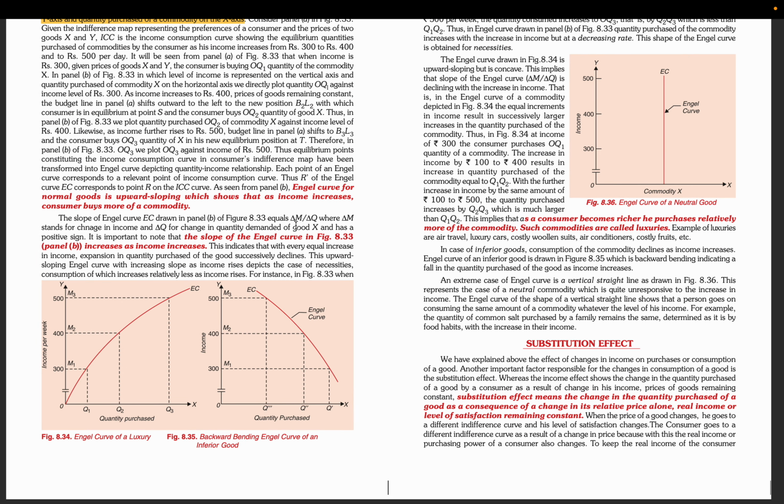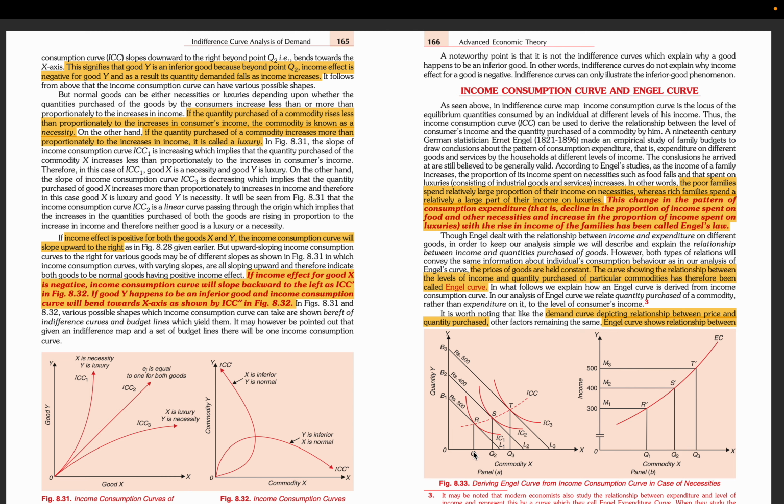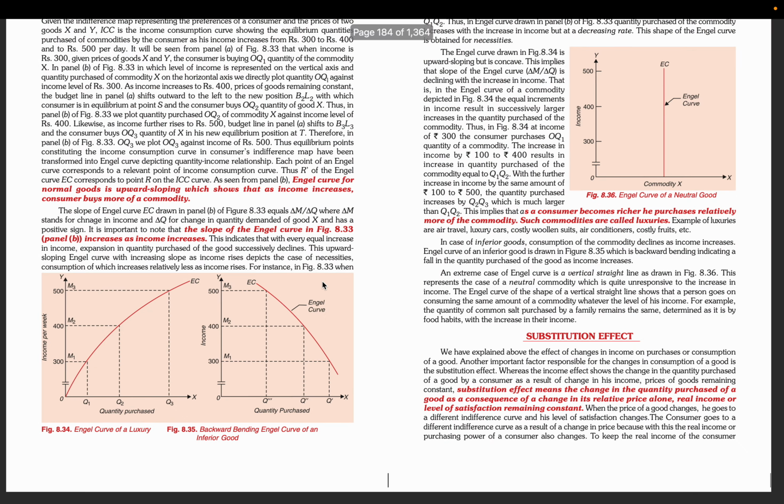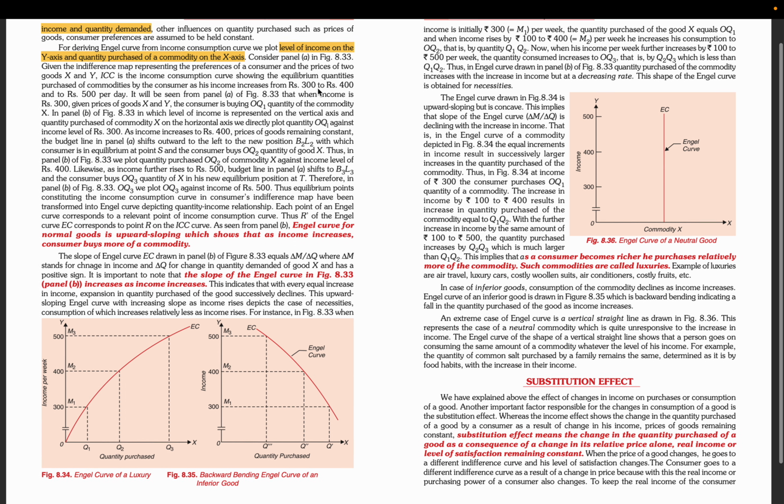It will be seen from panel A that when income is 300, given the prices of X and Y, the consumer is buying OQ1 level of X. We can see a purchase of OQ1 of X. In panel B, in which level of income is represented on the vertical axis and quantity purchased of the commodity X is on the x-axis, we directly plot quantity OQ1 against the level of income 300.